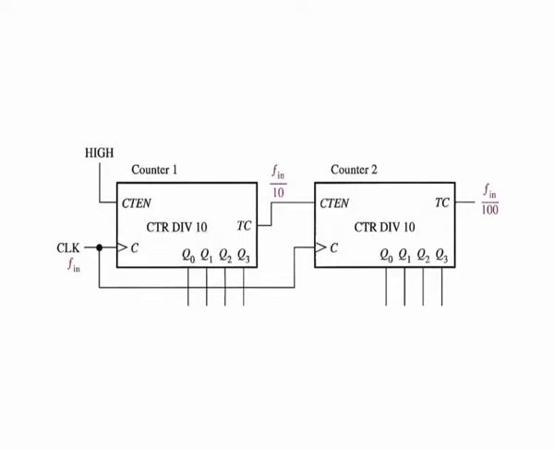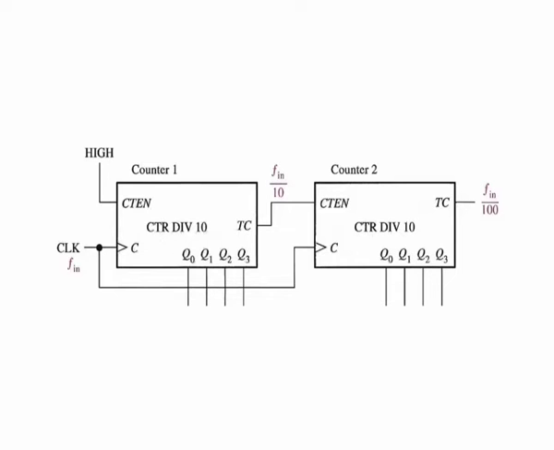In other words, for every 10 cycles of counter 1, counter 2 goes through one cycle. Thus, counter 2 will complete one cycle after 100 clock pulses. The overall modulus of these two cascaded counters is therefore 10 times 10, which is equal to 100. When viewed as a frequency divider, the circuit divides the input clock frequency by 100.